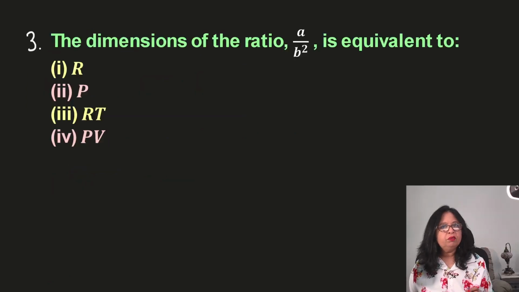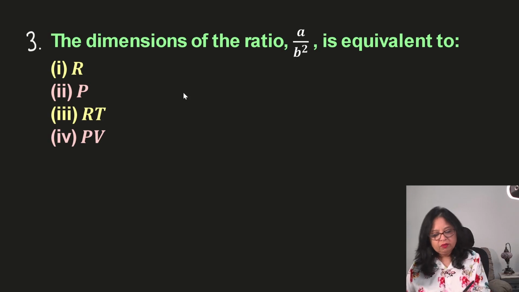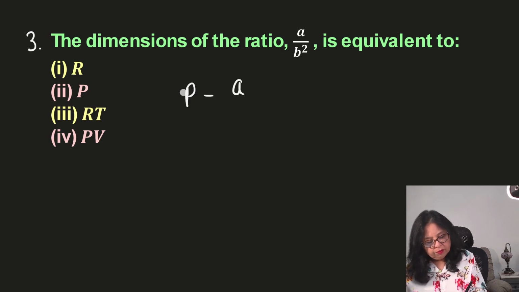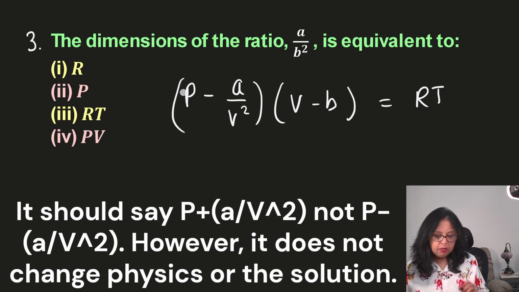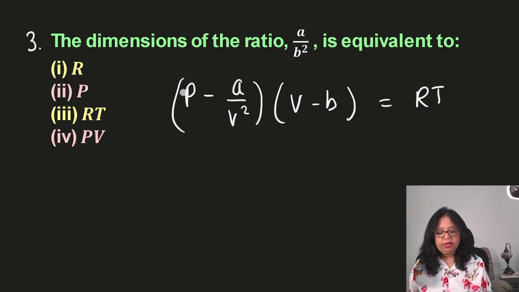Problem number 3 is based on the same equation, which is the equation of the state of a real gas. P minus A over V squared times V minus B equals RT. In this problem, we're asked to find the dimensions of the ratio A over B squared.